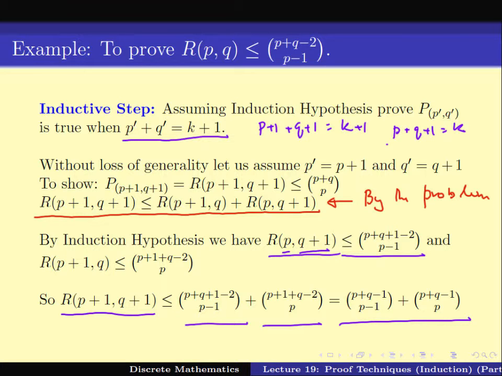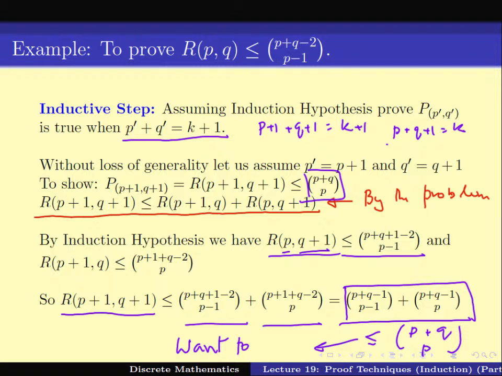So what we have to prove now is that this quantity is less than this quantity, which is p plus q choose p. That is all we have to show, and if we can show that, then we will have the full proof.